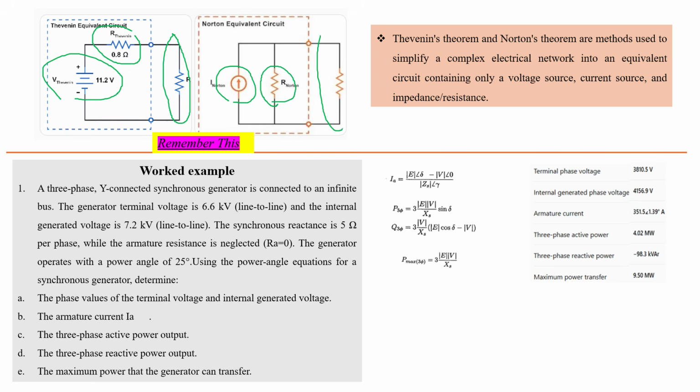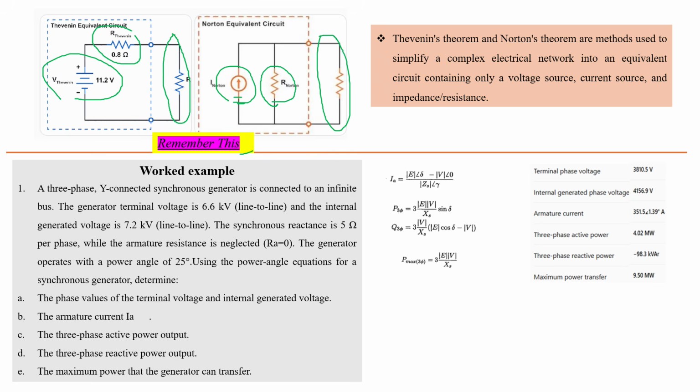To obtain that, the magnitude of the Norton current is obtained by dividing V Thevenin by R Thevenin. And the R Norton is actually the R Thevenin placed in parallel with the current source. So the Thevenin theorem and the Norton theorem are methods used to simplify a complex electrical network into an equivalent circuit containing only voltage sources, current sources, and impedance or resistance.